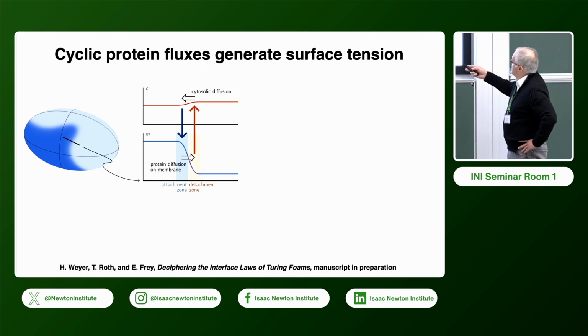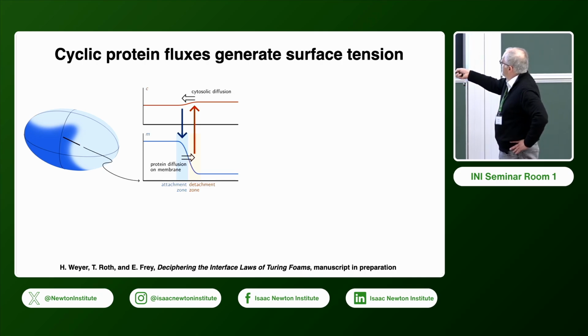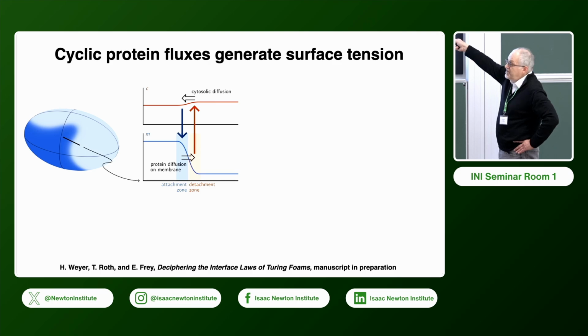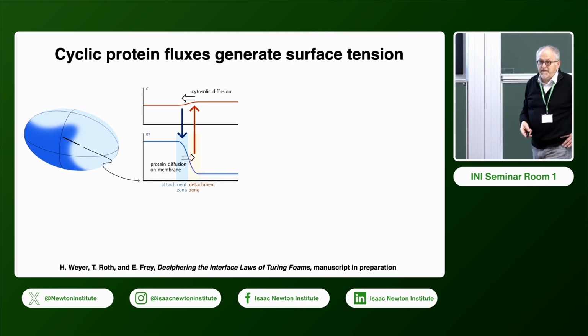So what you have is, if you're here at the foot of the membrane density, you have a low density, so you have a flux of proteins on the membrane back to the cytosol by reactions. Once they are in the cytosol, they diffuse, because there's a gradient here in the cytosolic concentration. And then on the other side, on the foot of the cytosolic concentration, there is an attachment zone where you have proteins from the cytosol coming to the membrane.